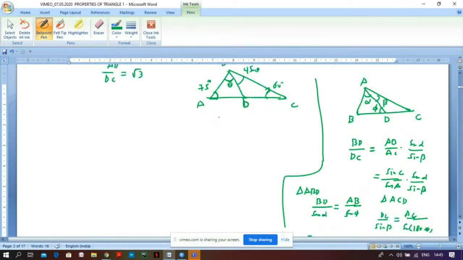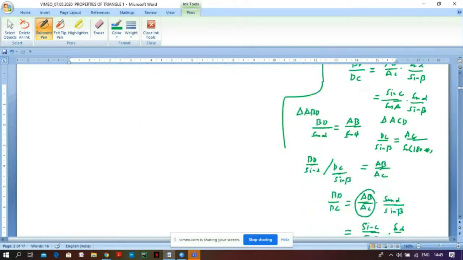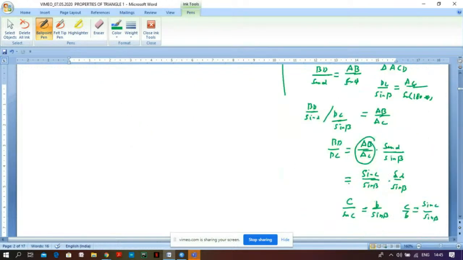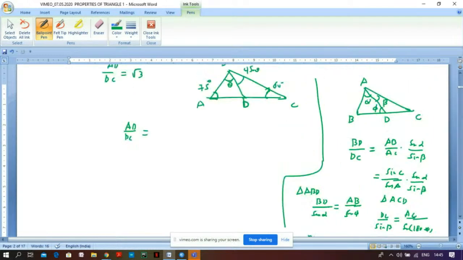Now apply this here. Look at it again, BD over DC is sine of C over sine of B times sine of alpha upon sine of beta.